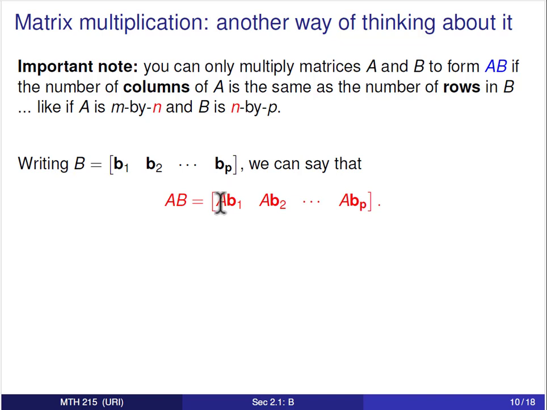We know that when you multiply a matrix times a vector, what you get out is another vector, and the vector we get out in each column is going to form the new column for the matrix AB.